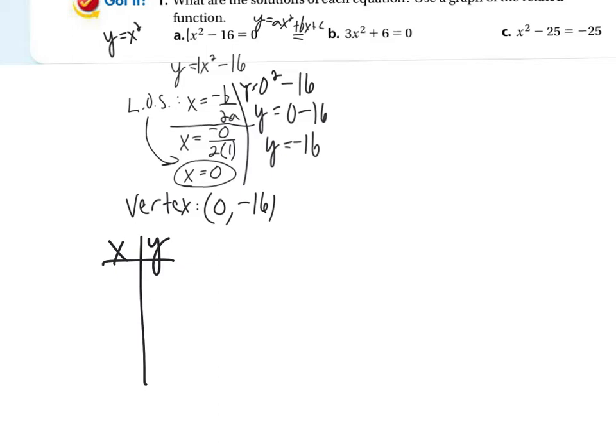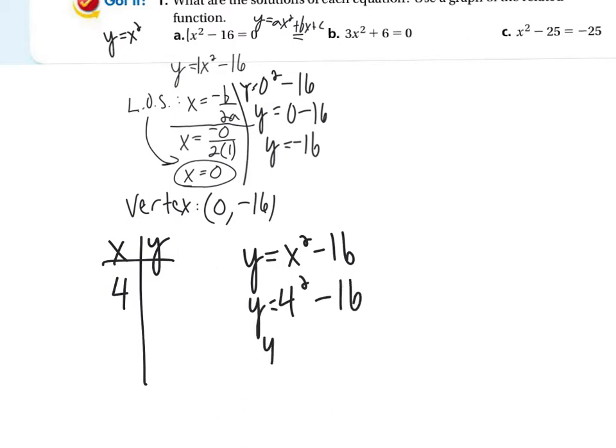So you guys might be able to imagine that without actually just randomly guessing numbers if you want. So what we can do, if you want to think about this, you know, we've got y equals x squared minus 16. If we want that to equal 0, something squared minus 16. So you think about if you did 4 squared equals 16, okay? So that would be 16 minus 16, which is 0. That's exactly what we want. So 4, 0 would be 1 point on this line.